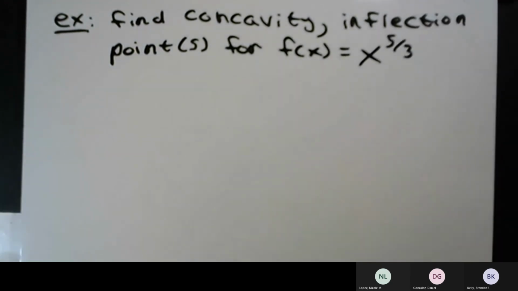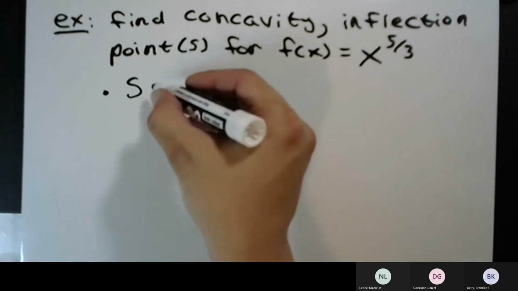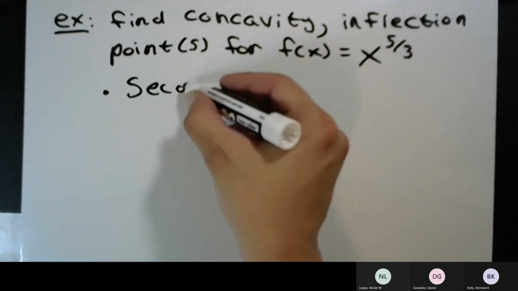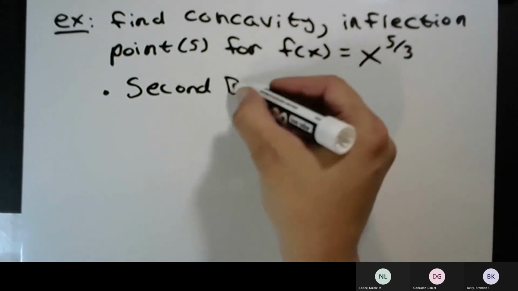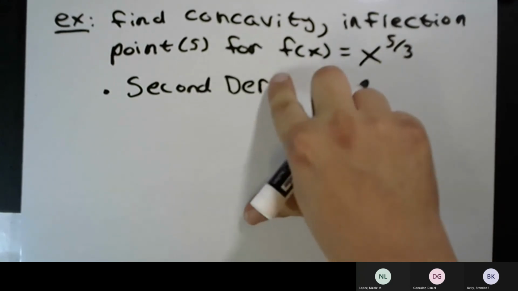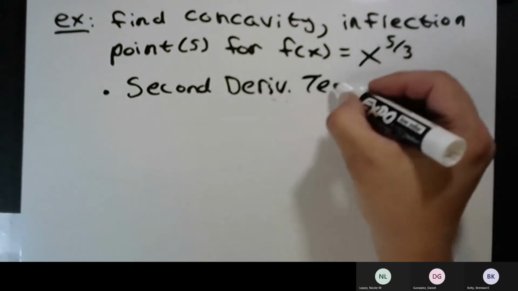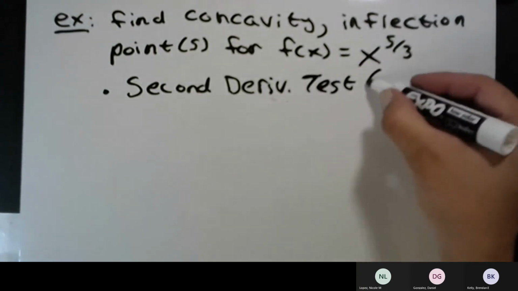Let's say you're going to describe the concavity and however many inflection points there might be for this function. Well, first off, we're going to use our second derivative test, and this is going to be for concavity.